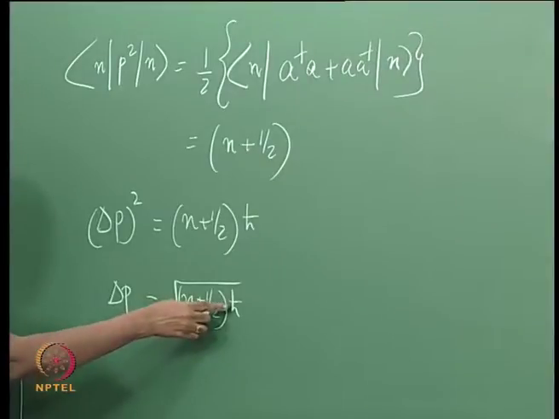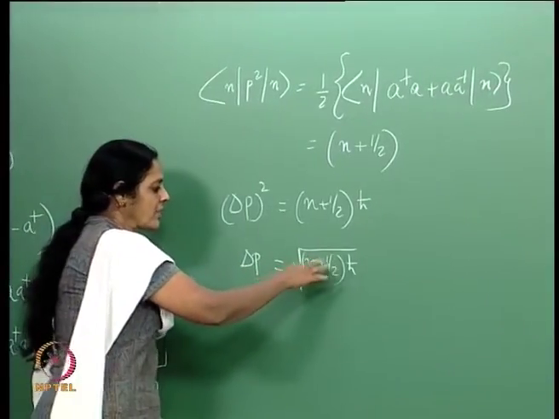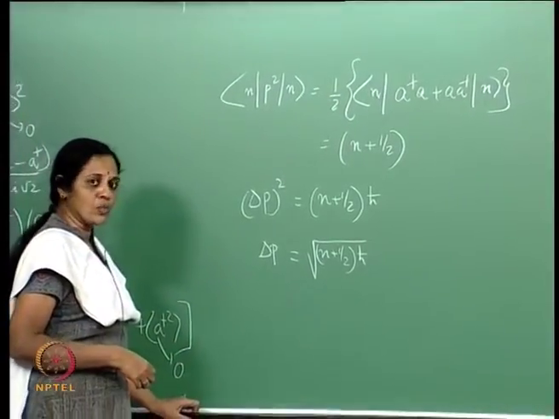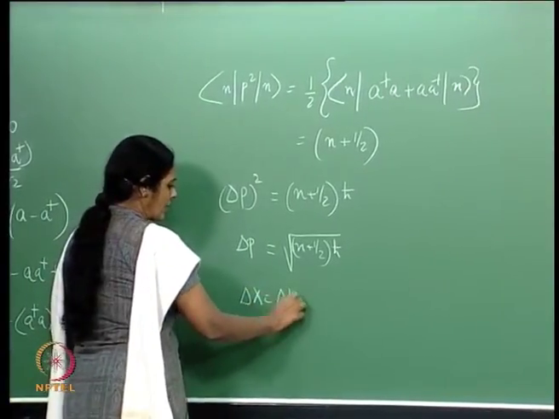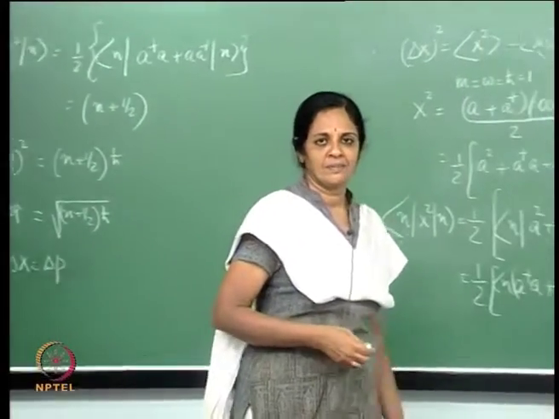In the ground state, I have the minimum value. In the first excited state, it is the square root of 3 h cross by 2, and so on, and we find that delta x is equal to delta p in any state ket n of the oscillator.